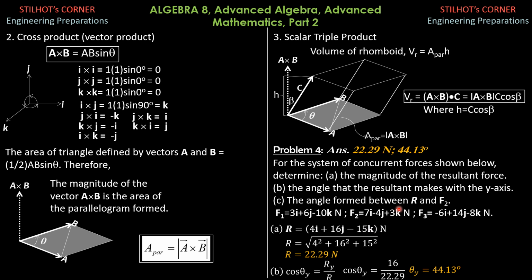And finally, the angle formed between the resultant and F2. Since we have the resultant in vector form, we can find the angle between them by getting the dot product between R and F2. If you obtain the dot product of R and F2, remember, it is just the sum of the corresponding products of components.